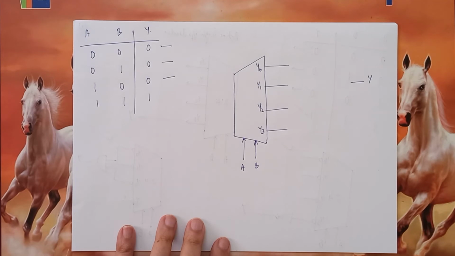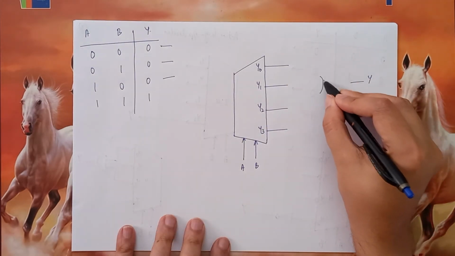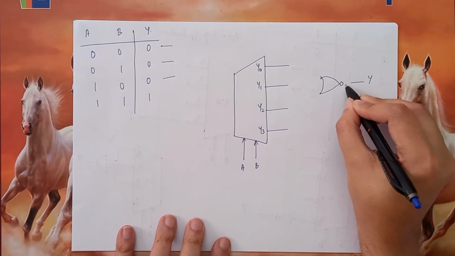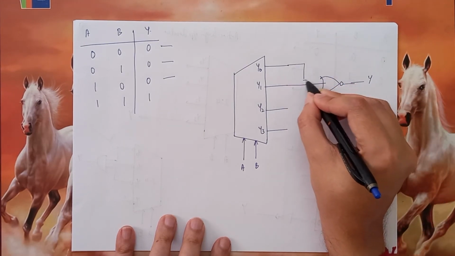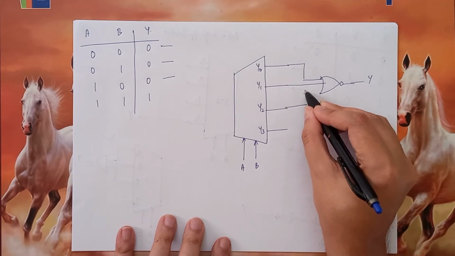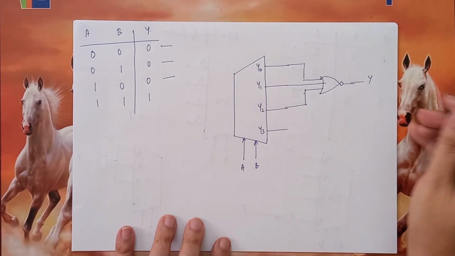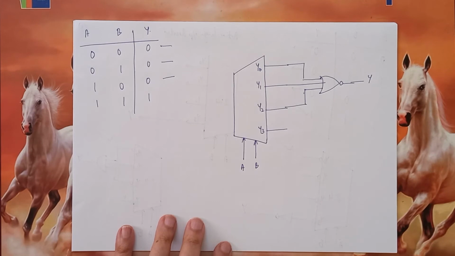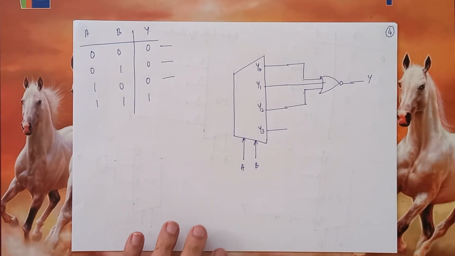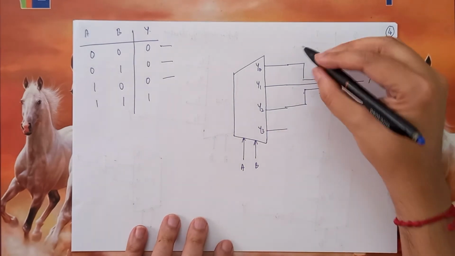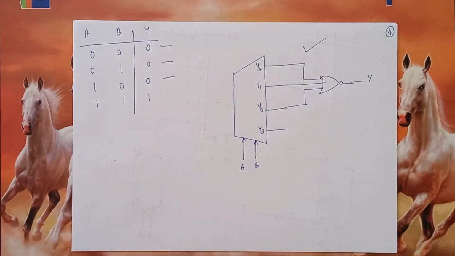There is only one gate we know that does it, that gives a 0 when any of its inputs become 1, and that is a NOR gate. And that's it. This is how you can realize the y function as well. This is also a valid, accepted solution.